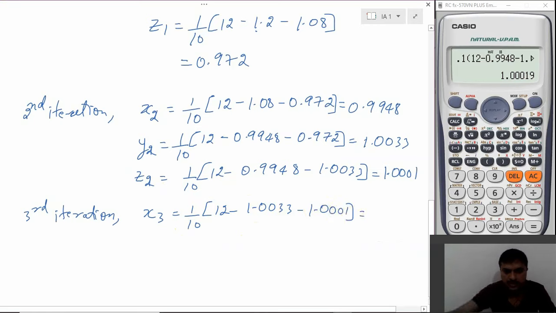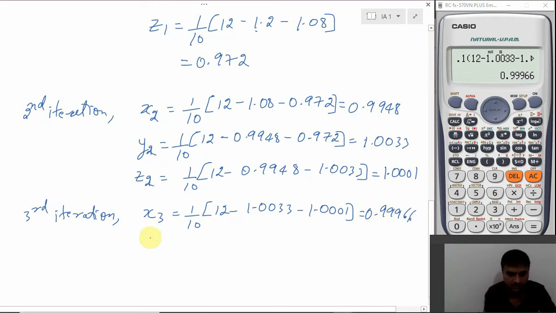Okay, you'll get the answer. You can put it in the calculator, friends. Easily you can see. I'm going to take 1.0033 minus 1.001. Yes, enter. What is the answer? Yes, friends, you can see easily on the calculator.